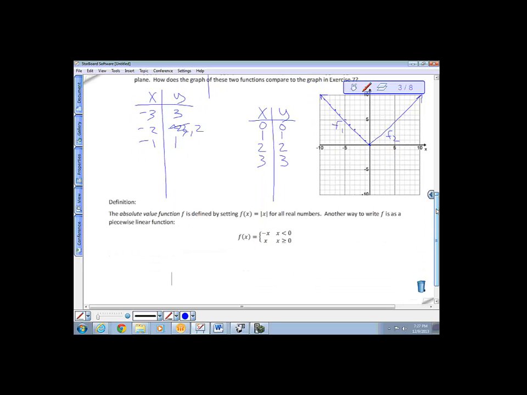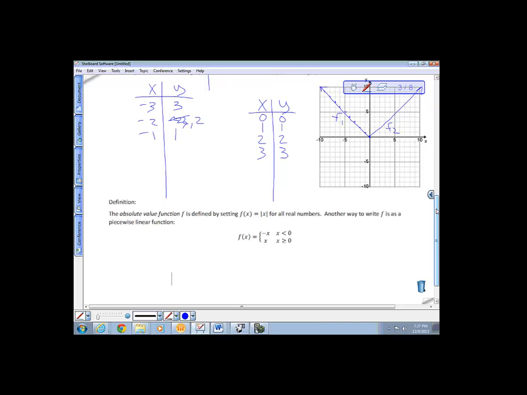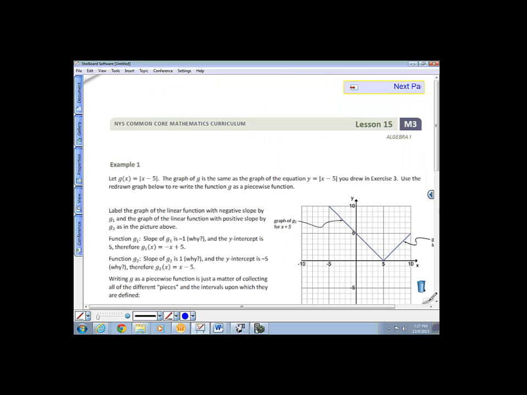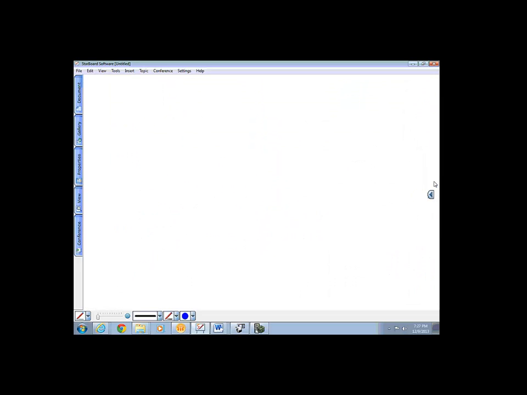So what they say down here is the absolute value function is defined by f of x equals absolute value of x for all real numbers. Another way to write the function is to express it as a piecewise function using negative x and x as shown there. Okay. All right.